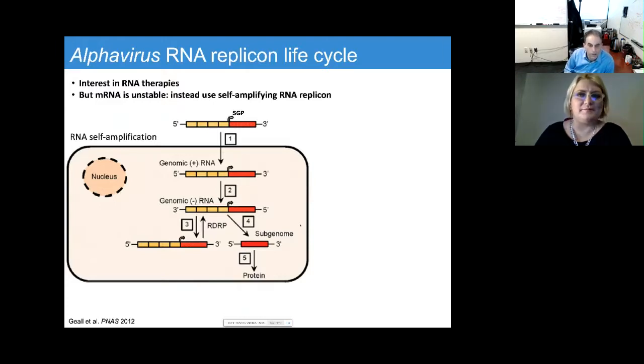So this notion of using modified RNA as a mechanism to generate the spike protein in cells, which then is used to educate the immune system, so it becomes immune to future infections by SARS-CoV-2, right? So it's a very exciting technology, and we've been interested in RNA therapies for quite some time, almost about a decade.